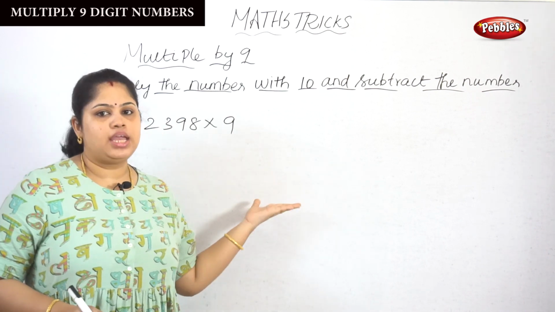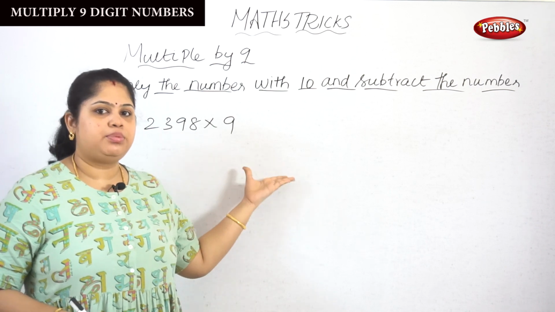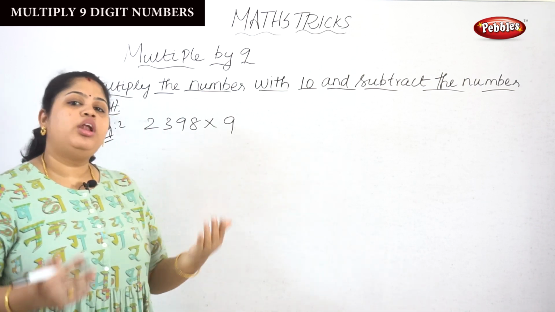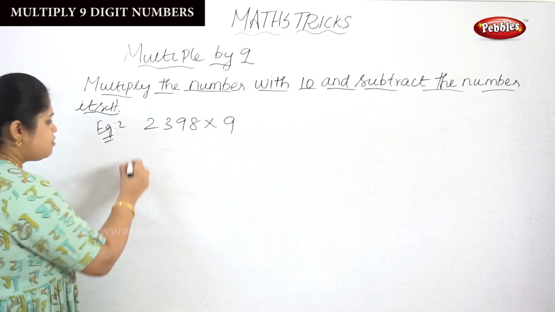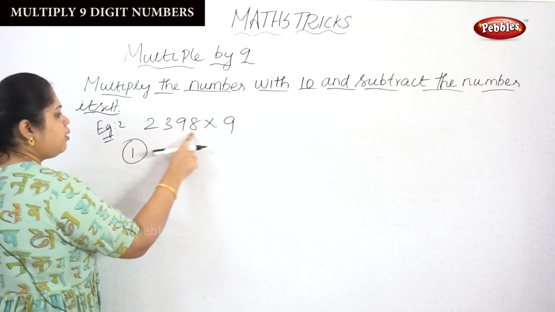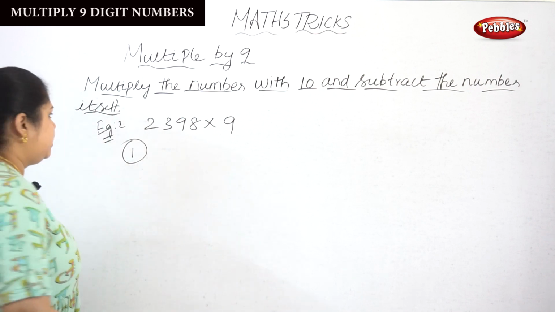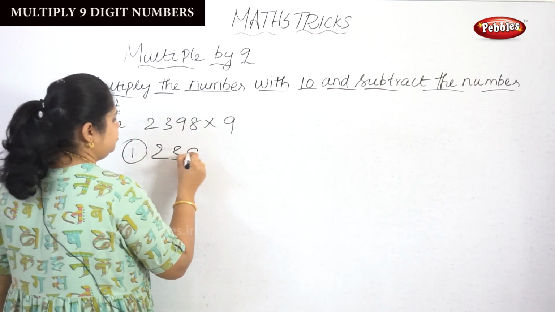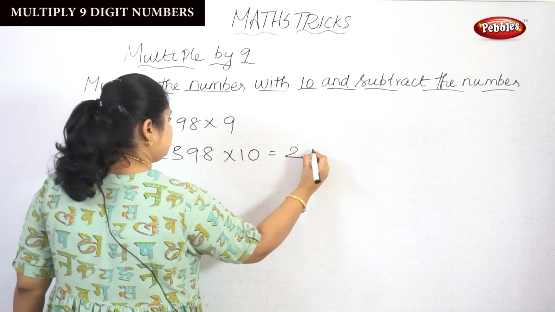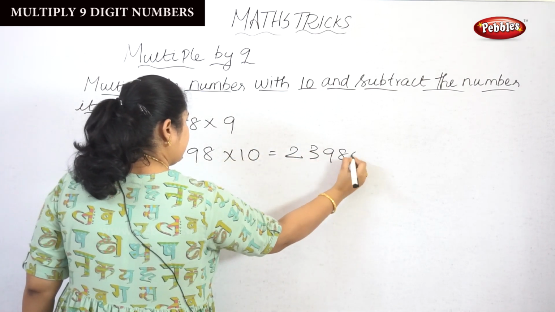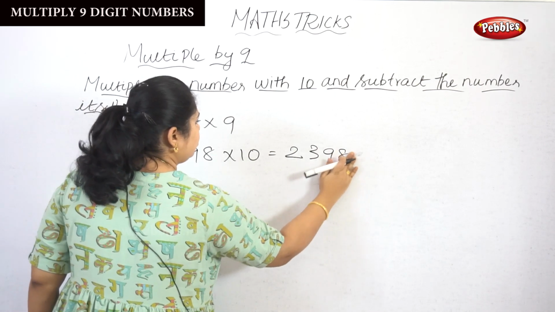Okay, example 2. What is the question here? 2398 into 9. We are going to perform the multiplication by 9. The steps I told you before are only two simple steps. What is the first step? The given number should be multiplied by 10, so the answer is 2398 and a 0. I am adding a 0 here.